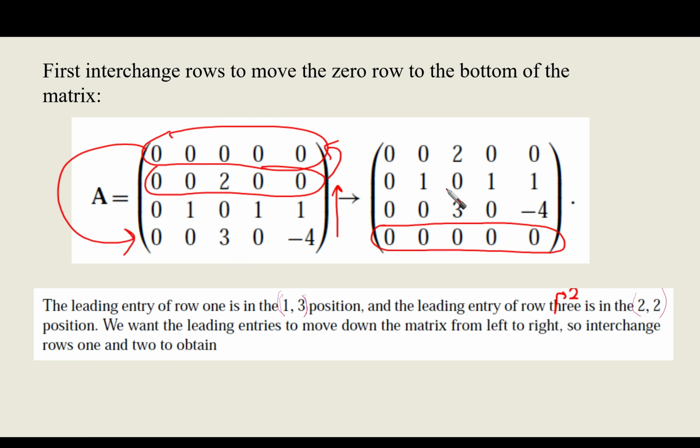Now the leading entry of row 1 is in the 1, 3 position. This is row 1, and this is column 3. So this is the leading entry of row 1. It seems not to be good. We want it to be what? Exactly 1.